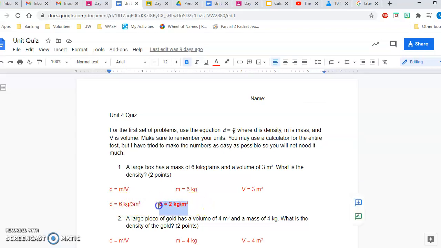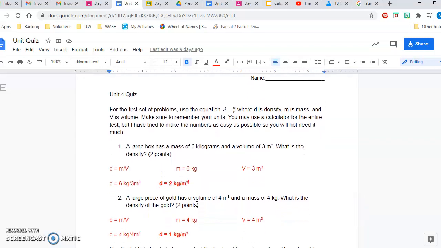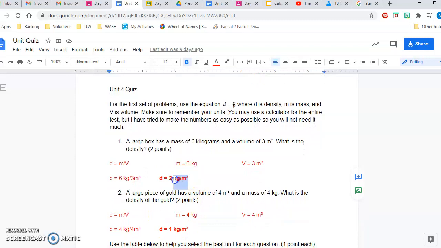A lot of people did this really well, but maybe a lot of people forgot units, or maybe some people only wrote 2 kilograms. So we have to get the whole part of our units down here, but those are just some key notes to make sure we get our units correctly. And then it always helps to show your work.